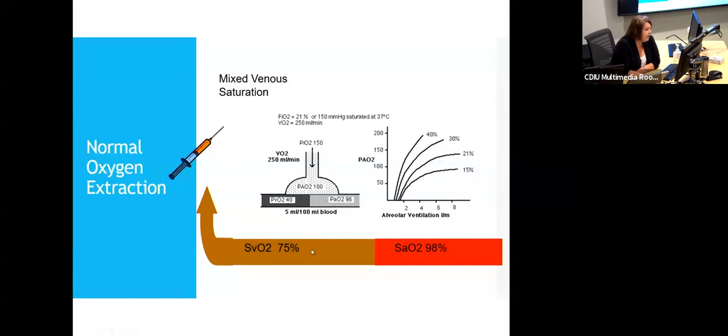So if your O2 demands go up, say you're exercising or you're ill or you're septic and your O2 demands increase, you still are able to provide enough O2 to the tissues as long as all of the other factors are intact.